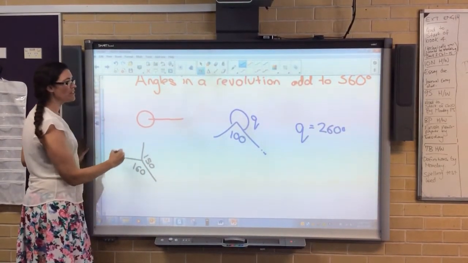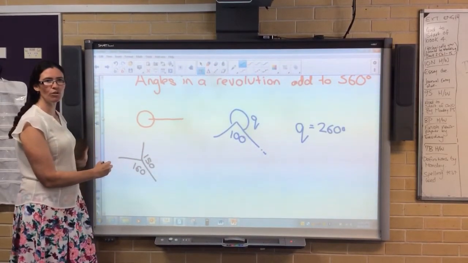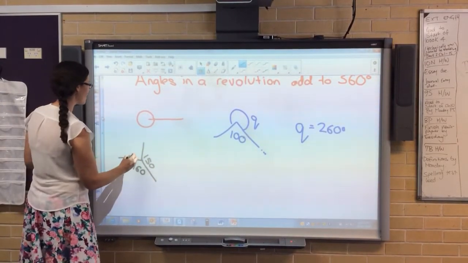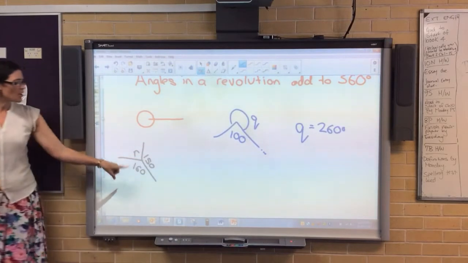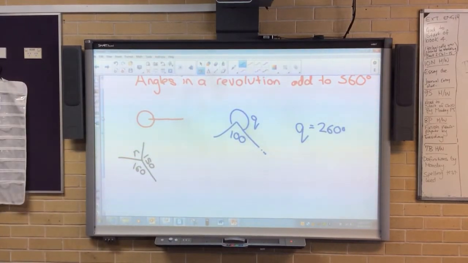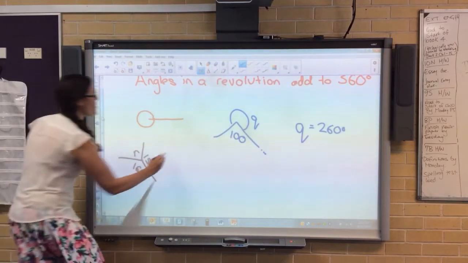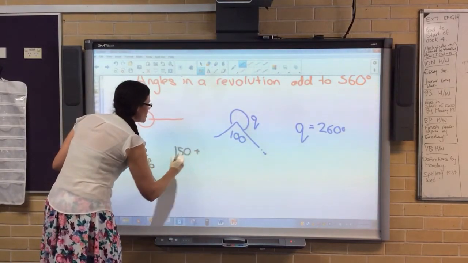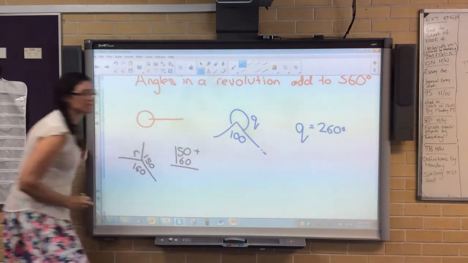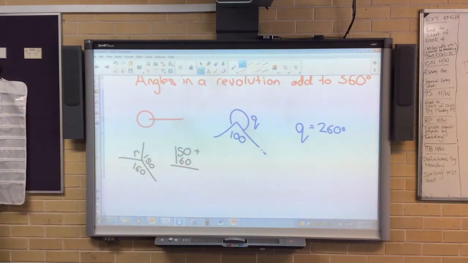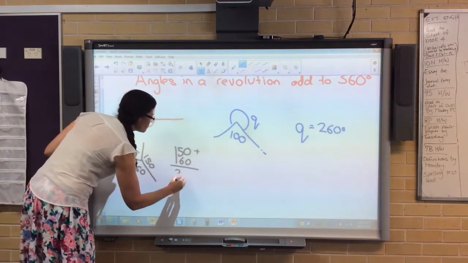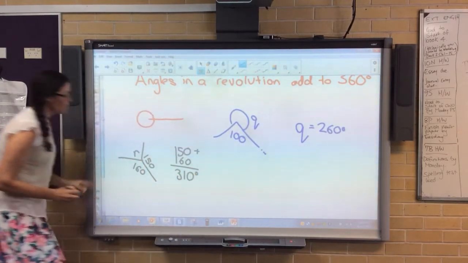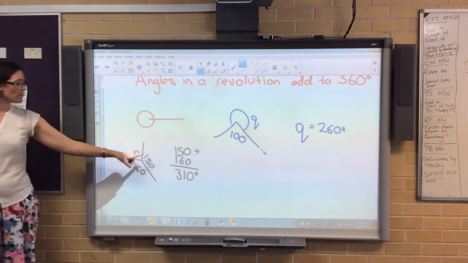And I'm trying to find this one here, which we'll call R. So I need to know what 150 plus 160 is. Who can tell me what 150 plus 160 is? 310. 310. So we've got to do a little bit of work. So it's 310. Plus 50. So all of that is 310.